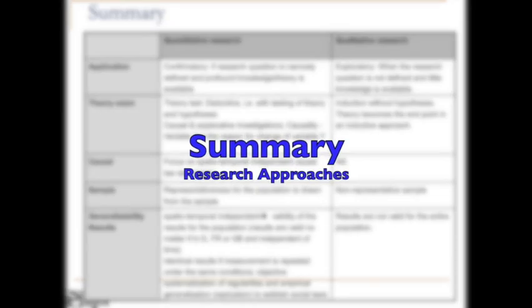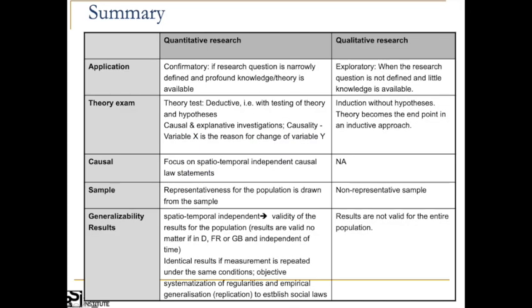So in summary, quantitative research is applied for confirmatory research if the research question is narrowly defined and profound theoretical knowledge is available. Whereas qualitative research is more exploratory when the research question is not defined and little knowledge is available. For quantitative research, theories are tested. It's a deductive approach with testing of theory and hypotheses. It's a causal, explanatory approach that tests causality between variable x, which is the reason for the change of variable y.